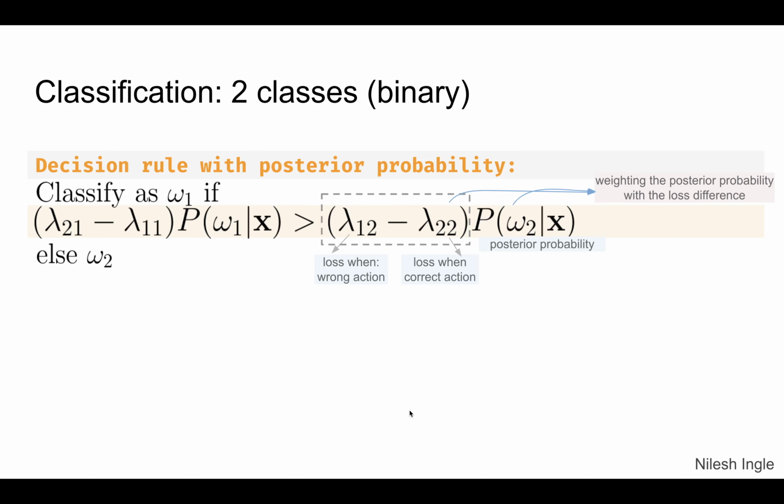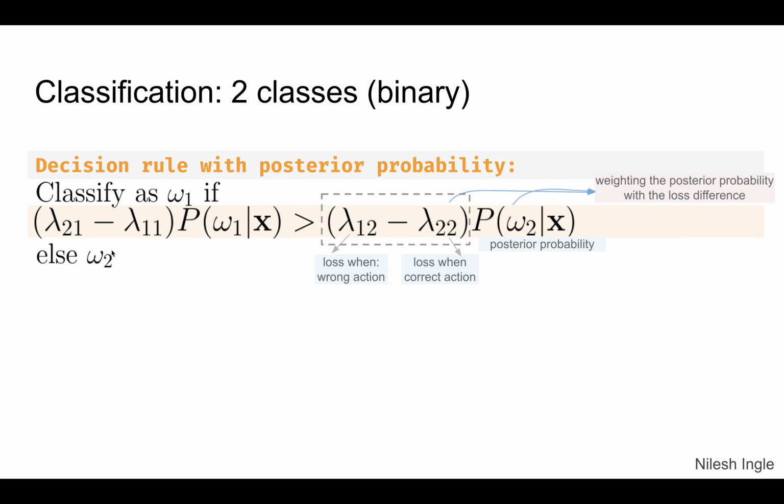We can also use the posterior probability along with the loss. So here what we are trying to do is multiply the posterior probability with the difference between the correct and incorrect, or wrong, prediction. So lambda 2 1 would be the incorrect classification and lambda 1 1 would be the correct classification, and we take the difference of those.